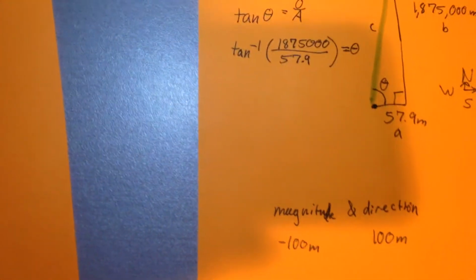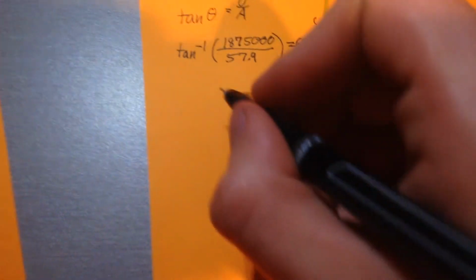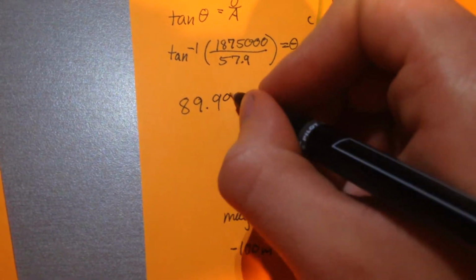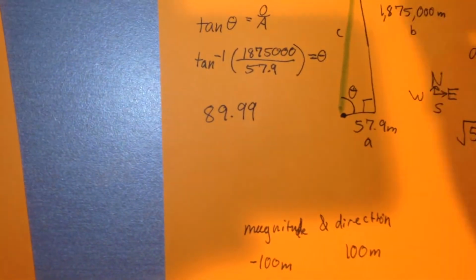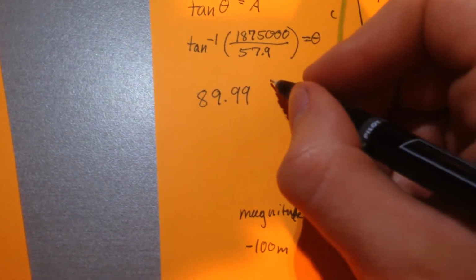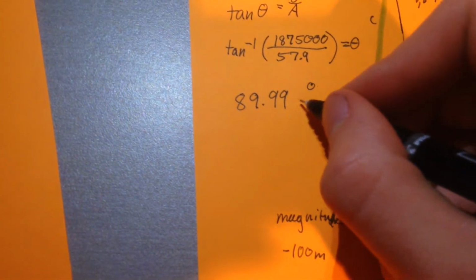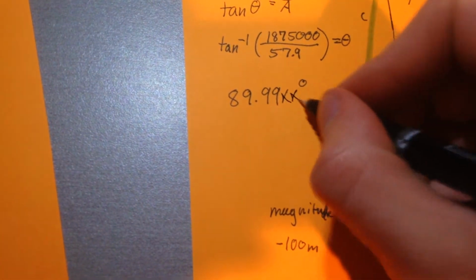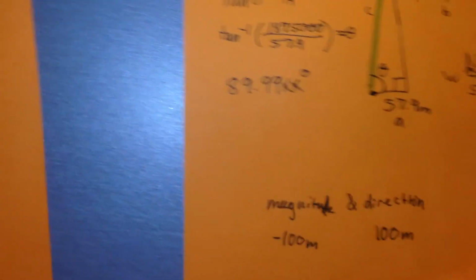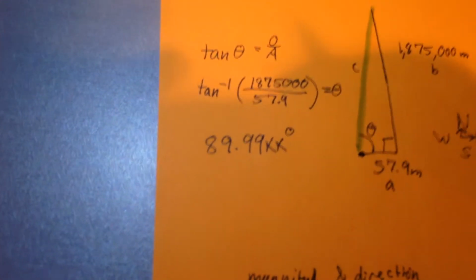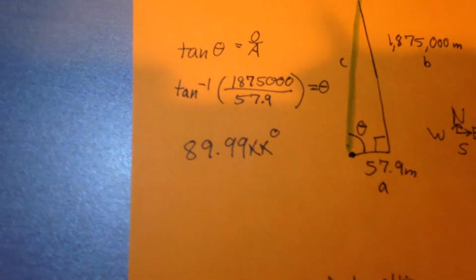Plug that in a calculator and it'll give you an answer, and I'm doing this in my head, but it's going to be 89.99 something something degrees. It's going to give you 2 more digits probably, but it's going to be extremely close to 90.